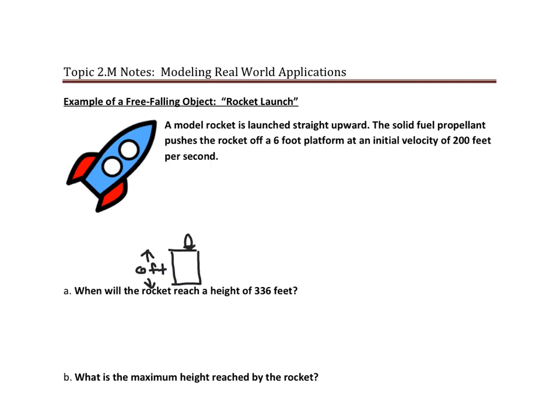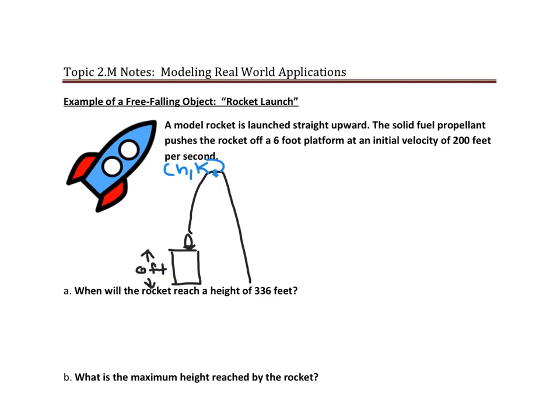And that rocket is going to be projected straight up, and it's going to hit some peak, and it's going to fall down to the ground. Okay, so the vertex here, I'll put H comma K for our vertex. That's going to be the rocket's highest point before it starts going back to the ground.